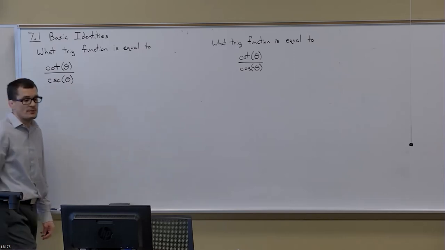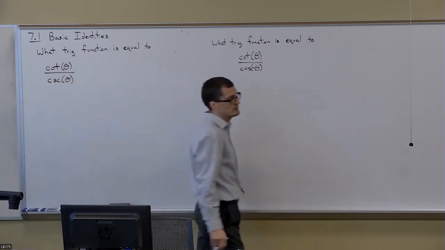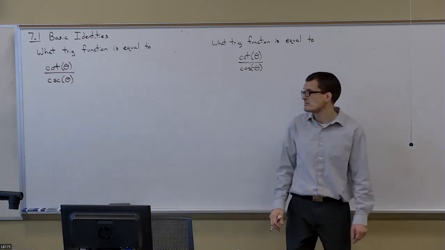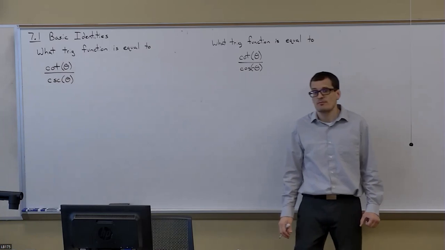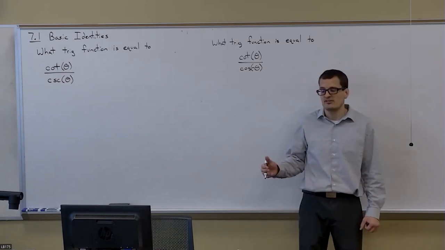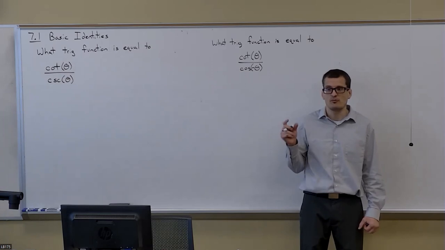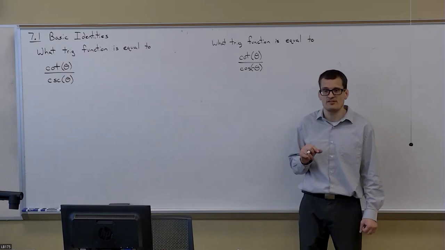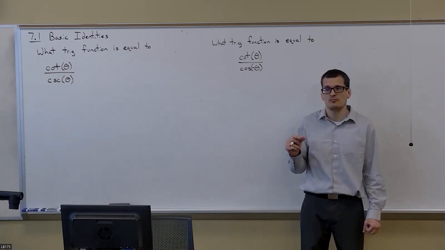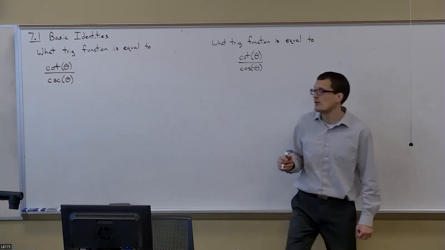So here's what you do on problems like these. We turn back to those basic identities, and we rewrite cotangent and cosecant in terms of those basic identities.